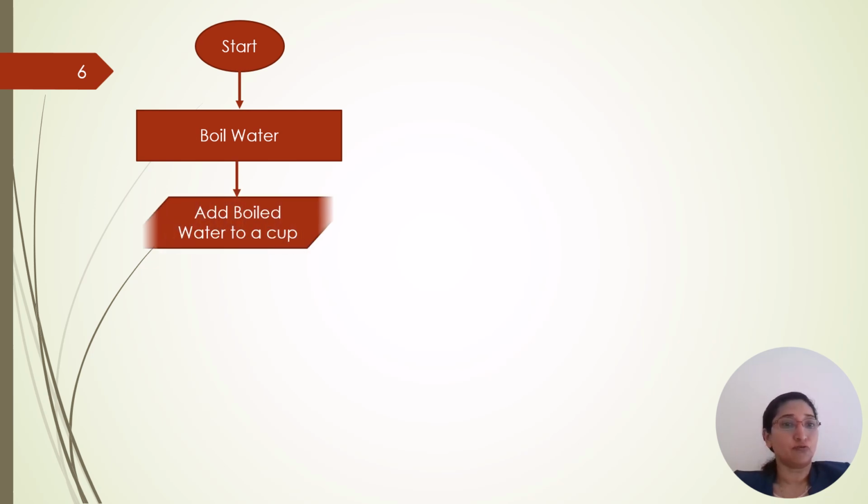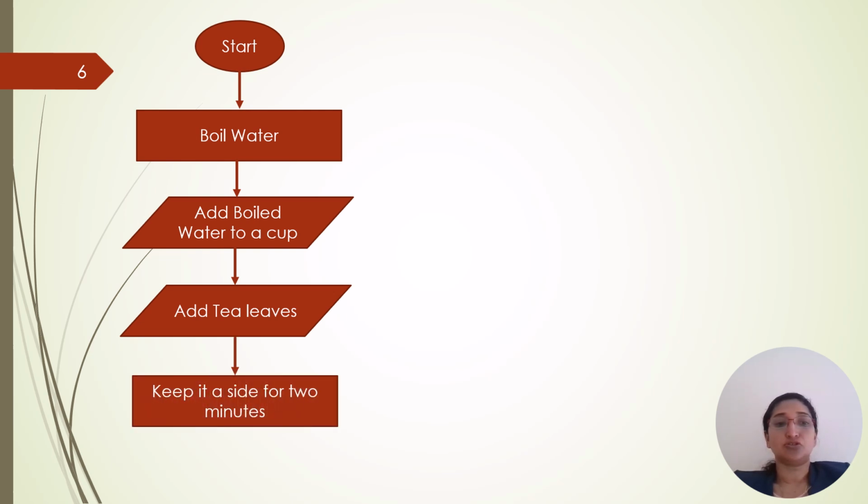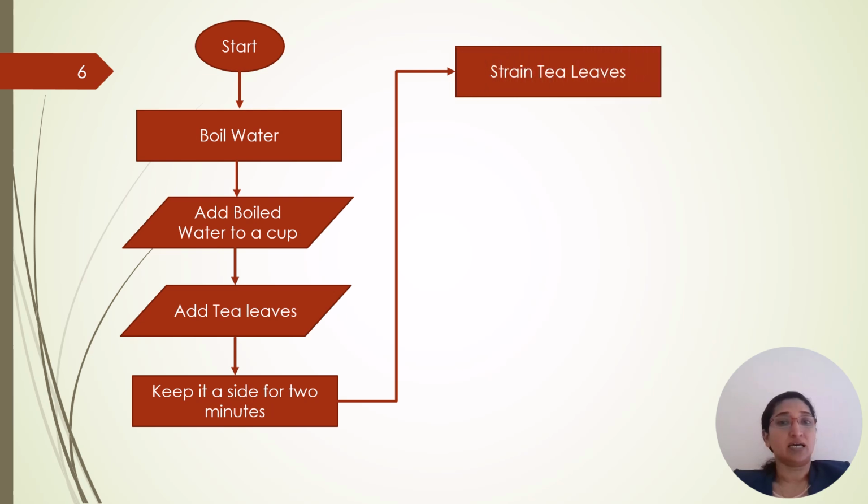Once you boil the water, you add the boiled water to a cup, and then you add the tea leaves to that cup. And what you should do next, you keep it aside for 2 minutes. And after that, you strain the tea leaves. These are the steps that we are following in order to make our cup of tea.